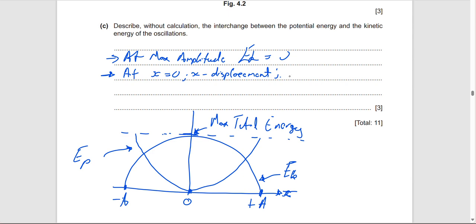What is happening? Ek, we can explain Ek here is kinetic energy. Don't use symbols without explaining them. Cambridge might not know what you mean. So if you're going to use a symbol, make sure you explain it, or you just have to write it in full.